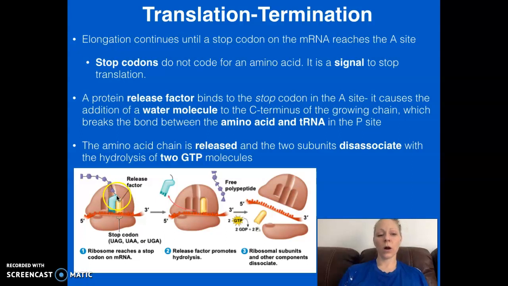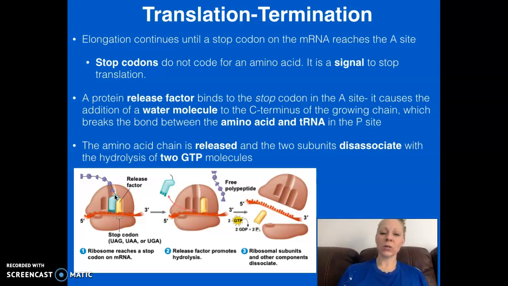It's going to release a water molecule to the carboxyl end of the growing chain, which is going to hydrolyze the bond, or it's going to release the strand. So remember, hydro, adding water, hydrolysis, to break. So the amino acid is released.